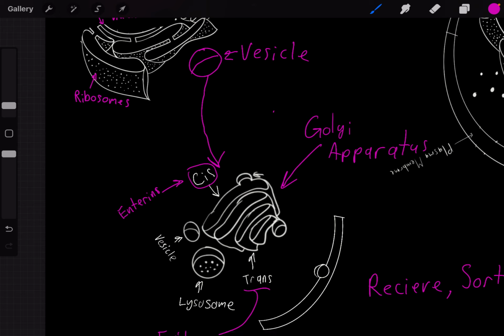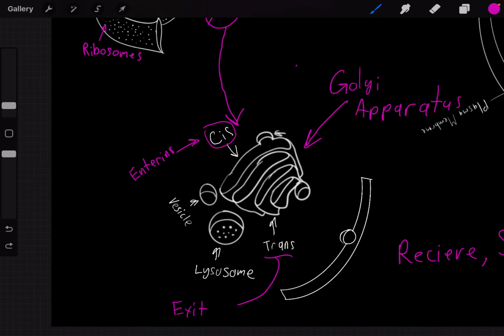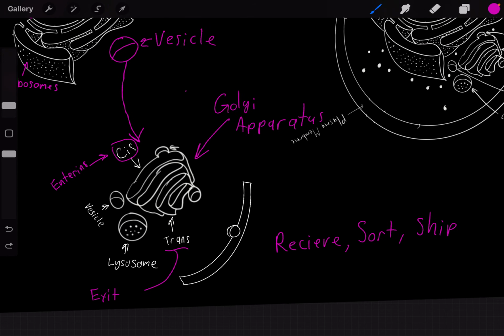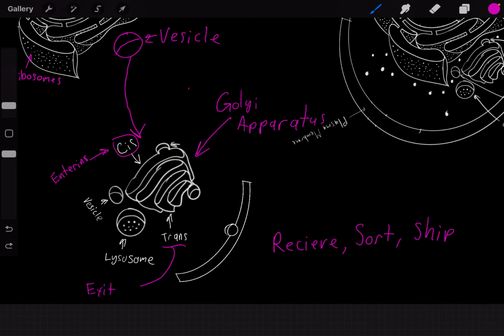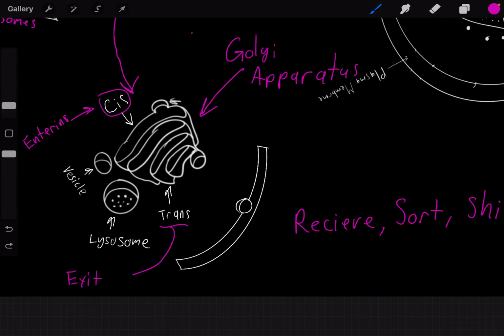Now, what else could happen while the lipids and proteins are going through the Golgi apparatus is they can get modified, so they can turn into a glycolipid or a glycoprotein as well. So that's something to keep in mind for the Golgi apparatus. A glycolipid and a glycoprotein are basically carbohydrates added to the proteins and the lipids. And that's just another thing the Golgi apparatus does.